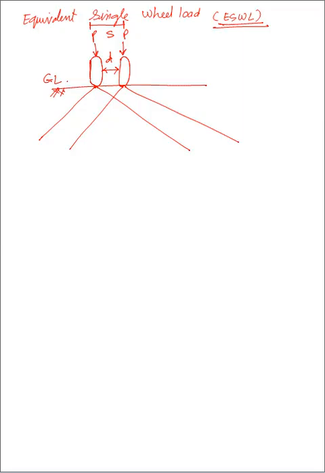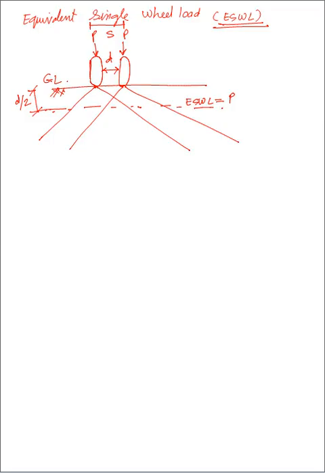So your equivalent single wheel load we will be taking at different points. Below the ground level at a distance of d by 2, your ESWL is equal to P, whatever the wheel load of a single wheel.